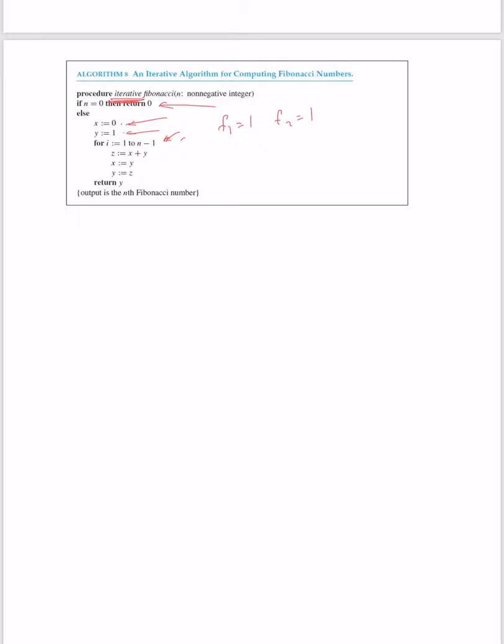For i going 1 to 0, we'll just skip the loop and return y for that one. And for F2, we'll return 0 plus 1 to get F2. And in general, what happens is once we calculate F2, then x takes on the higher value, y takes on the z value we just added, and then we'll just continue that loop until we get up to whatever Fn we want.